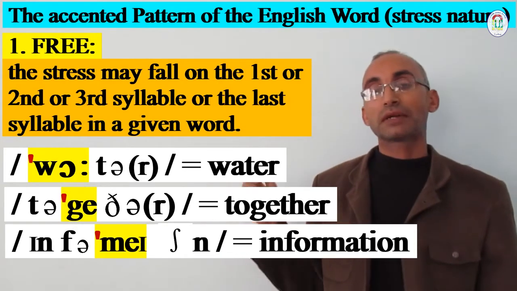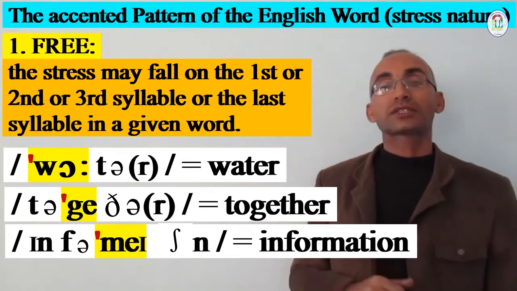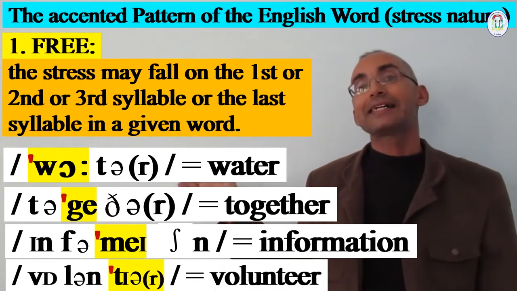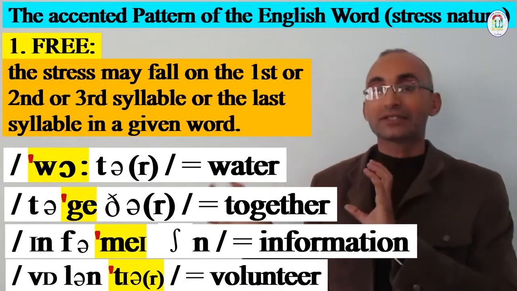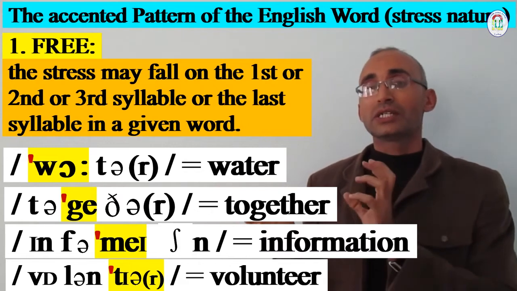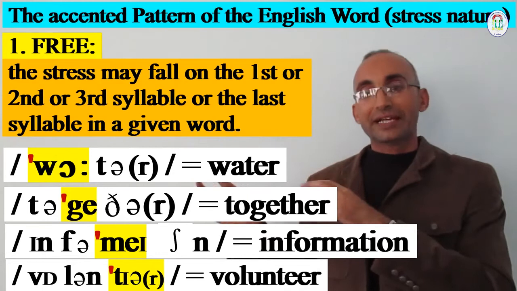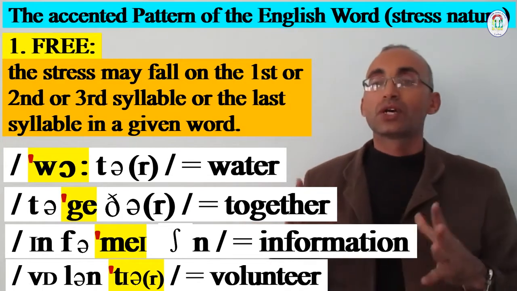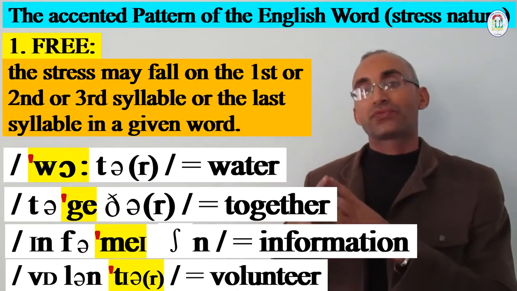So, ma is my stressed syllable, the third one here. The last word also is volunteer. Teer is the last syllable in this word, and it is stressed. So you see here a difference in the stress position in the English word. That's why it is considered as free.